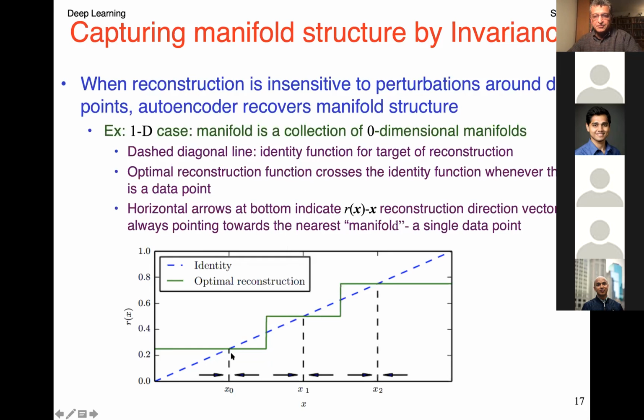It is insensitive to perturbations around the data points. The autoencoder recovers the manifold structure. So this autoencoder is encoding them, just representing these points using this particular structure; this is the autoencoder saying that is the manifold.